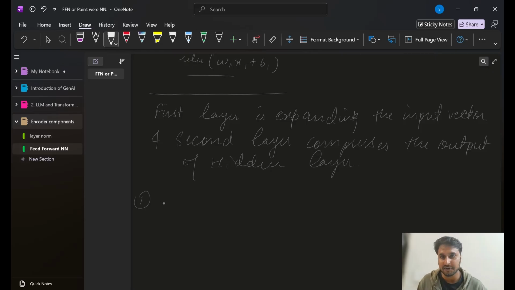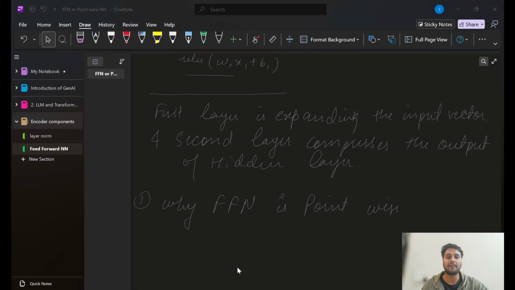Now the first question is why the feed forward network is pointwise. Since the feed forward network does not mix token information, each token is processed separately.